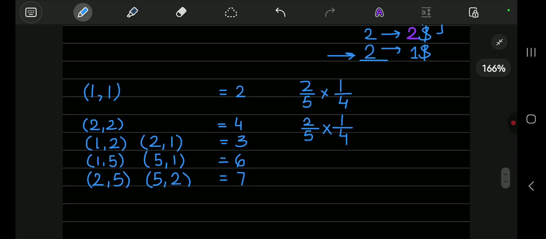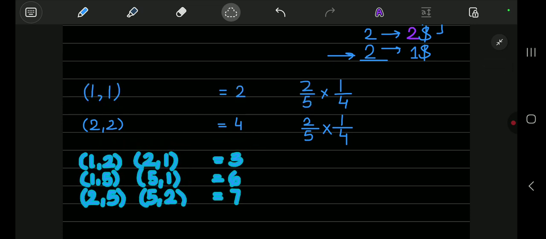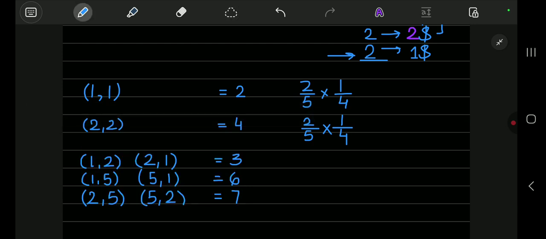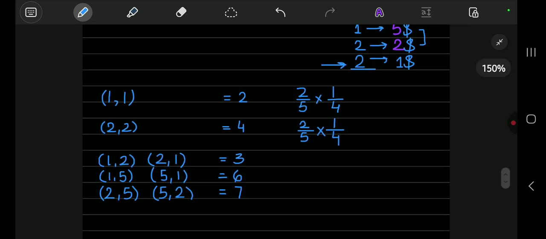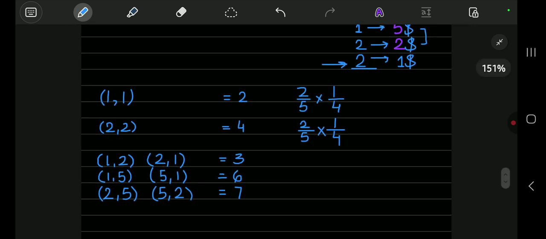Okay, now for the next set of values. If you have the first $1 coin, you have the probability 2 out of 5. Then the second $2 coin, so 2 out of 4, because the total of $2 coins is the same, but the total is one less.